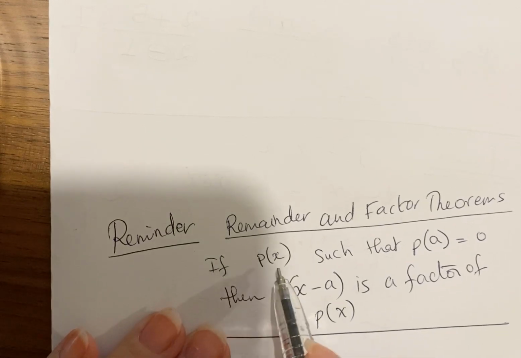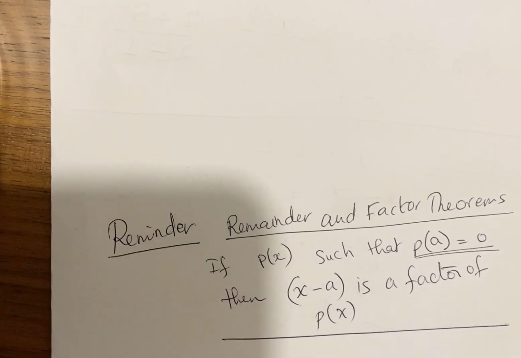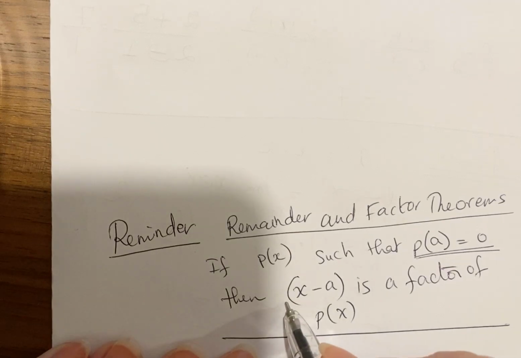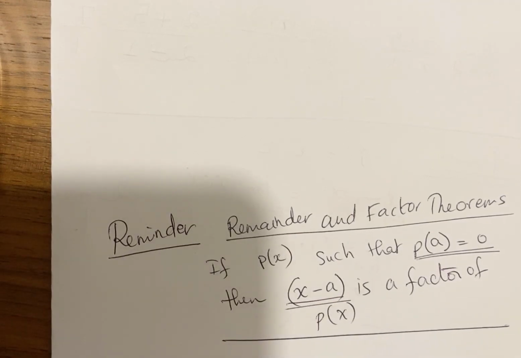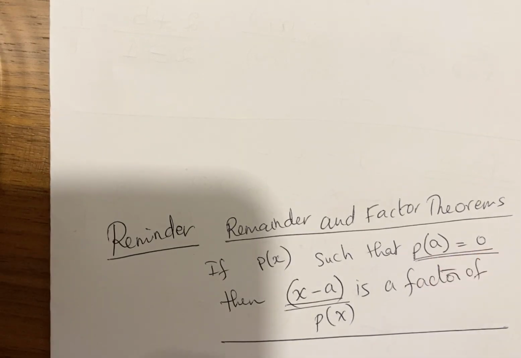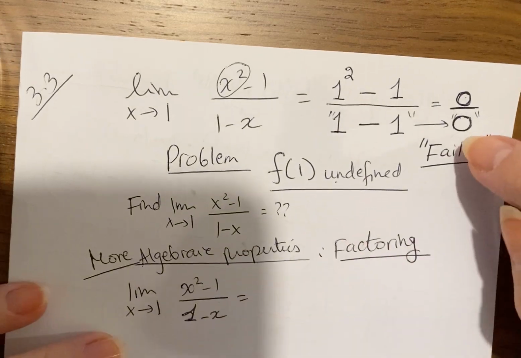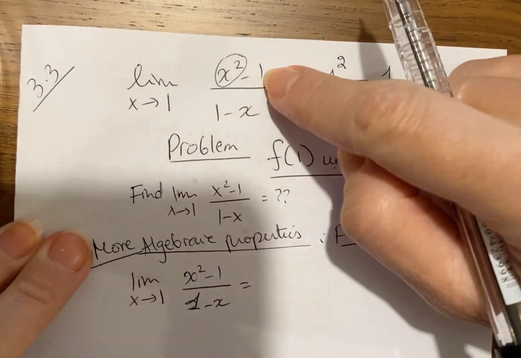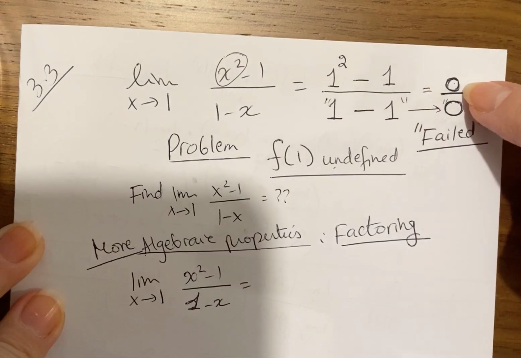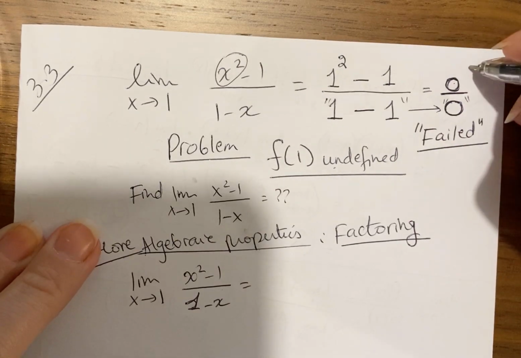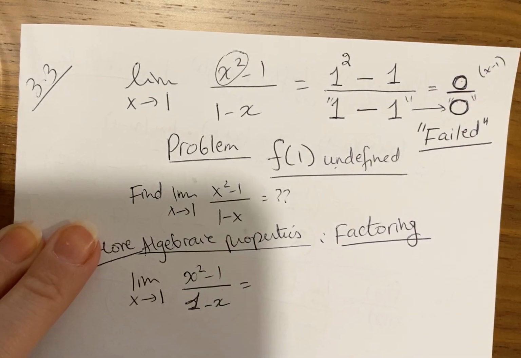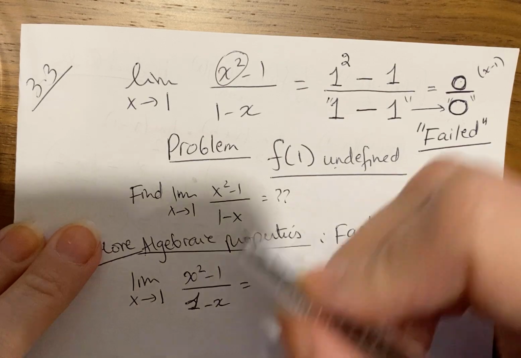It says that if something is causing my polynomial to be equal to 0, then x minus a is a factor of that polynomial, and your duty is to find it, to rearrange things so that you find that factor. See, applying this here, when I substituted 1 in the upper polynomial, what did I get? 0. This means what do I have? I have an x minus 1 factor upstairs.